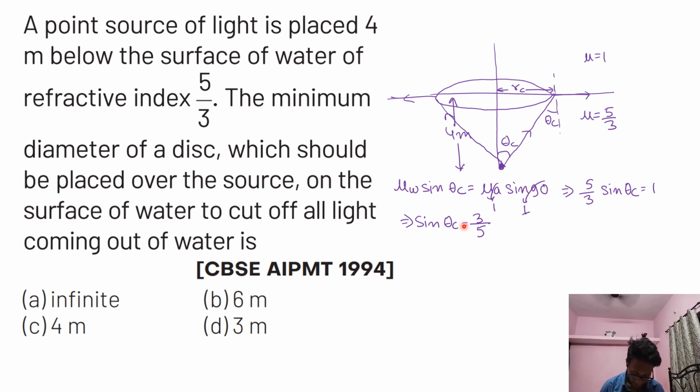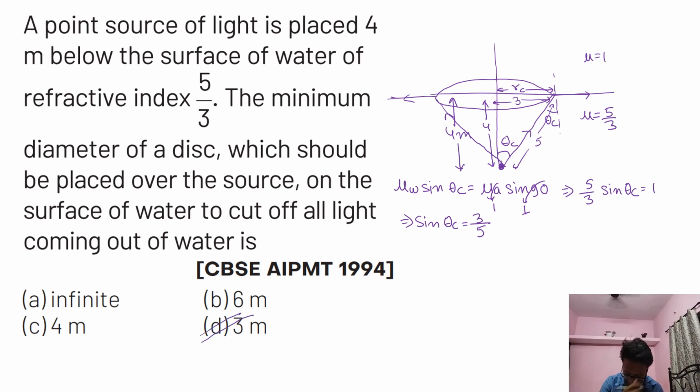Now see, this distance is 3, this distance is 5, and this distance is 4. So 3 square plus 4 square is equal to 5 square. So our radius is 3.